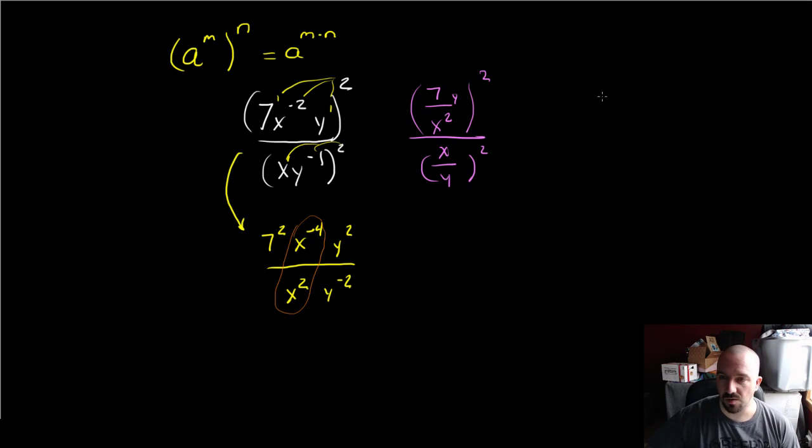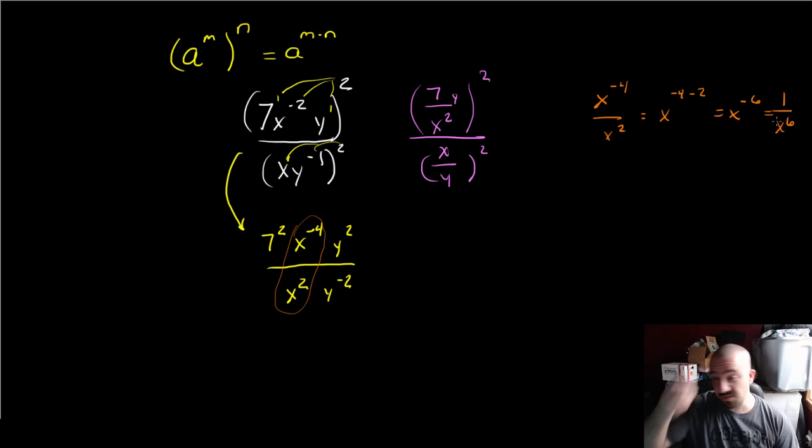So I have my x to the -4 over x squared. Well, that's the same as x to the -4 minus 2, which is x to the -6, which means I flip it down to the bottom. And that's perfectly fine. There's nothing wrong with that. It's not the method I personally choose, but obviously it gets you the right answer, so why not?